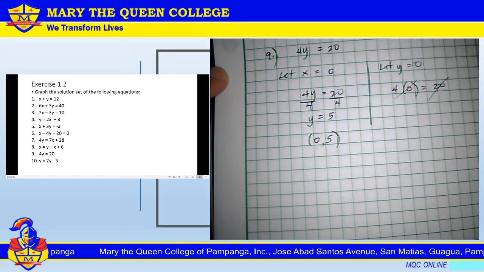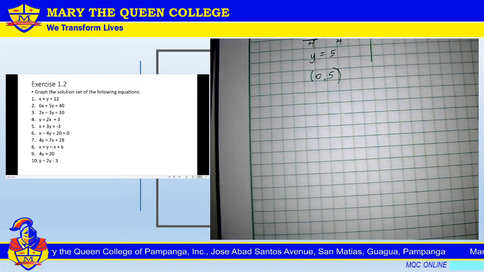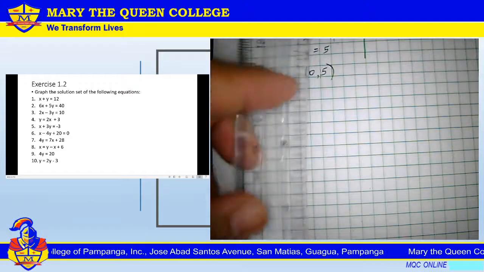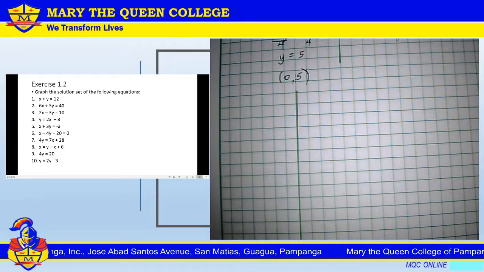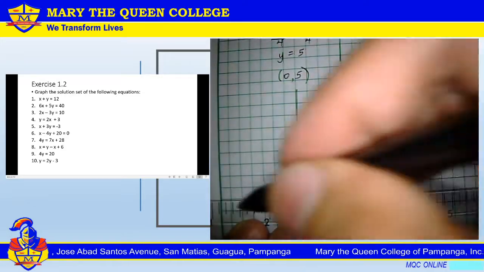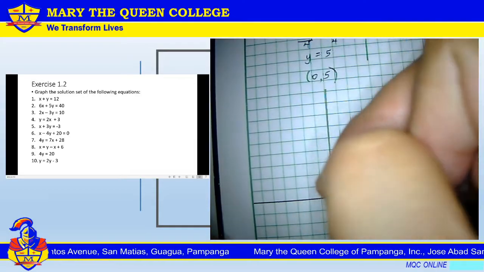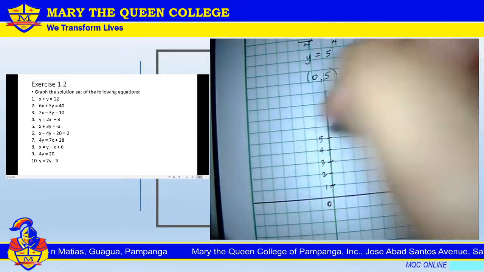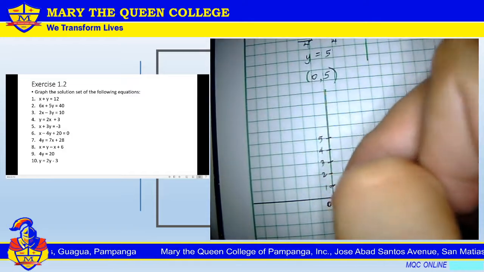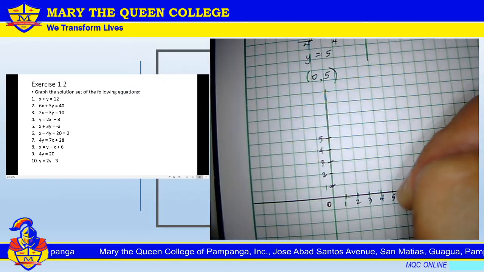So what would be the graph of this equation? So if we will create a Cartesian plane, so from here, okay, so we have 0, 1, 2, 3, 4, and 5. Then we have 1, 2, 3, 4, 5, 6.